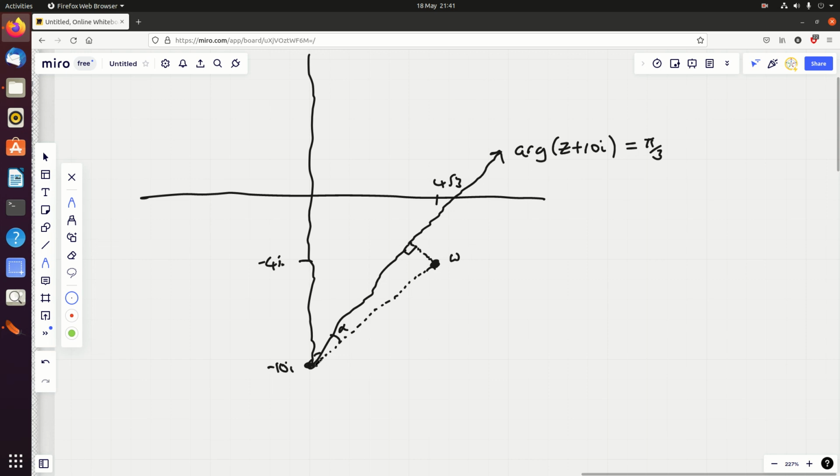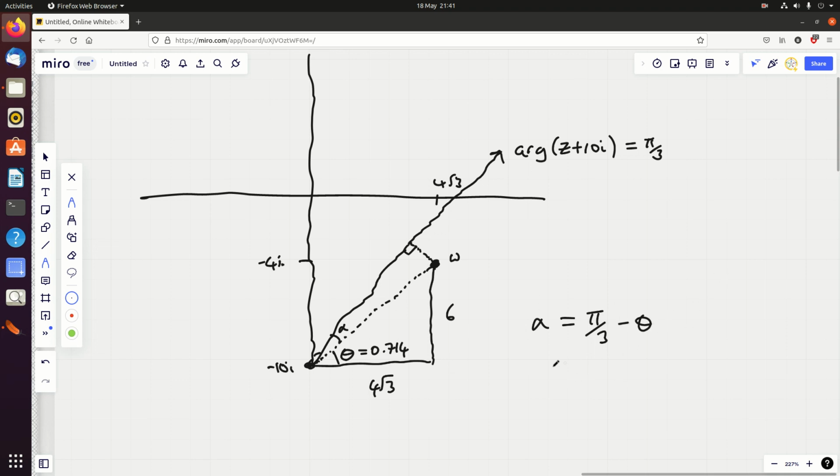let's call it alpha. Now, we've already discovered just a second ago by doing the 6 over 4√3 thing and taking the inverse tan, that this angle theta was roughly equal to 0.714. And so I can find alpha now, because alpha is going to be pi/3, that's the angle the half line makes with the horizontal, minus theta.